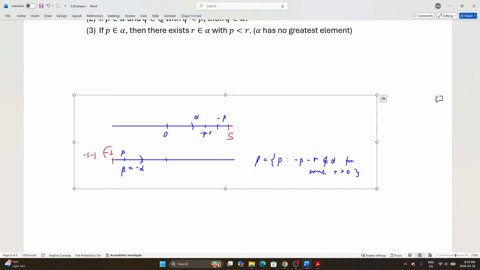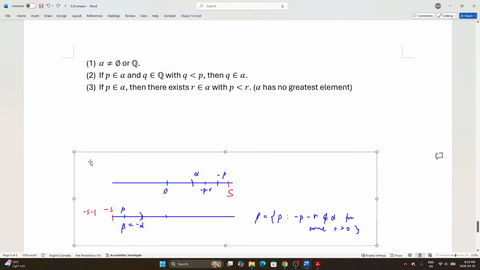I can't just take minus S itself because S might be at the boundary, and if I flip that, minus S is not in beta. That's why I can't just take minus 1 on its own. So let's pick minus S minus 1.